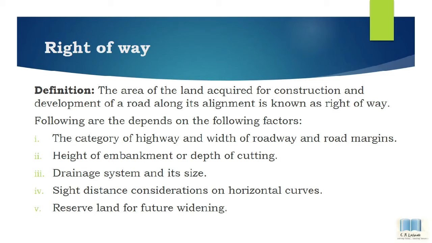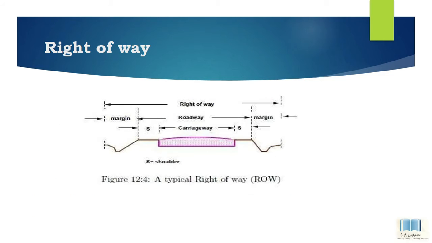Then the next factor is side distance consideration on horizontal curves. And the last point is reserve land for future widening. Okay, so these are the various factors we have to remember while calculating right of way. So this picture shows the right of way.